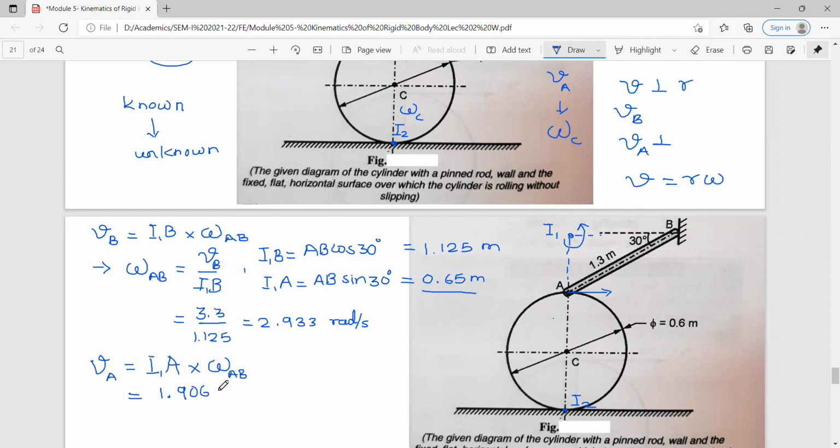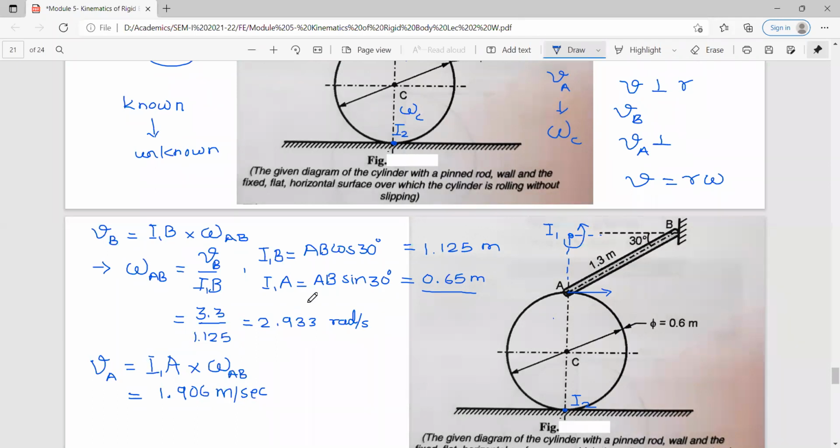Okay, so 1.906 is our answer for the velocity of point A. Sometimes it may be mentioned to find out the velocity of point A, and sometimes it will not be mentioned, but on the way to find out the angular velocity of the roller cylinder, you will need to find it out. So it is 1.906 meter per second.